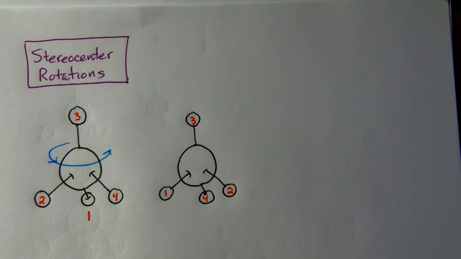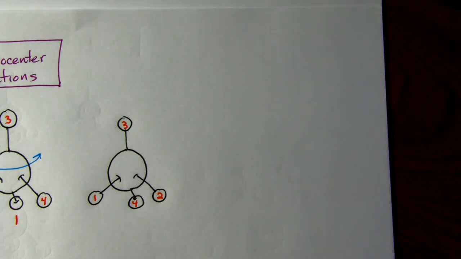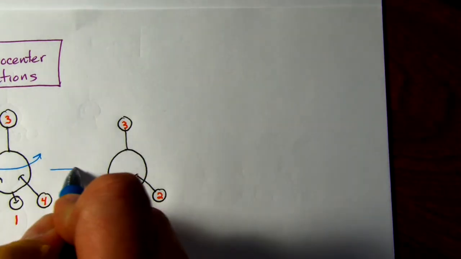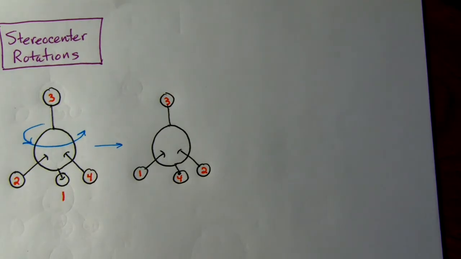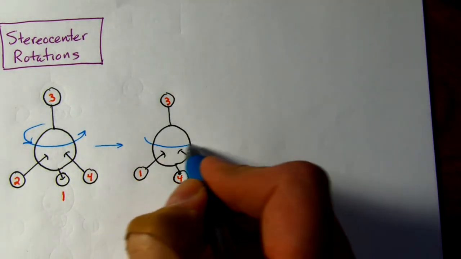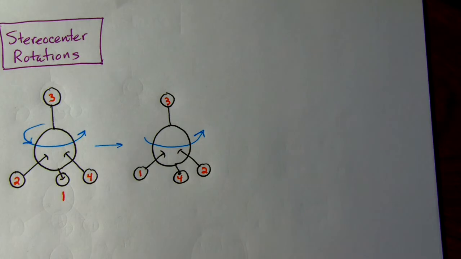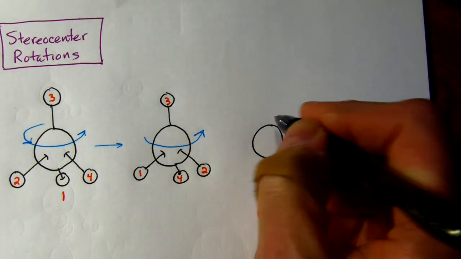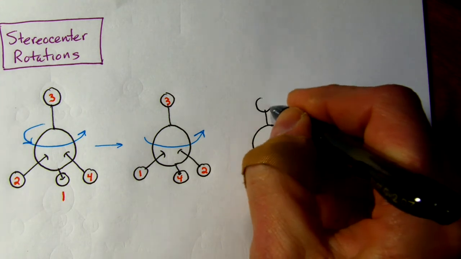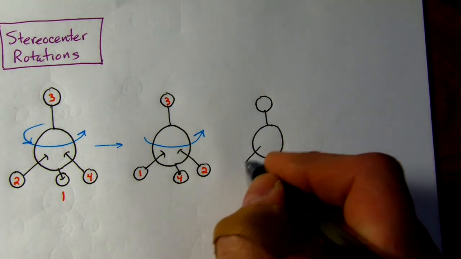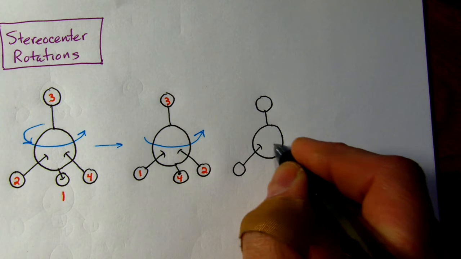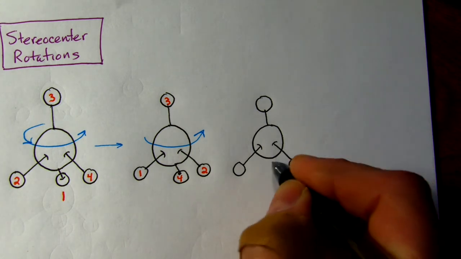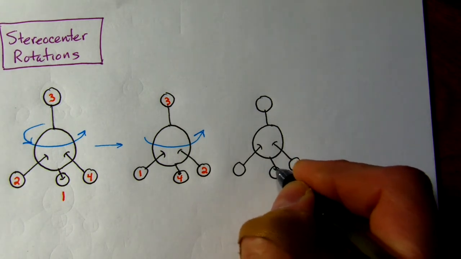Okay, and we could do it again, and we probably should. If we took the, and let's draw this here. Okay, let's take this, rotate it again, right? And we'll keep the 3 on the top. Right? And somebody's going to come out front. 2 of them will come out front. And then who goes to the back?